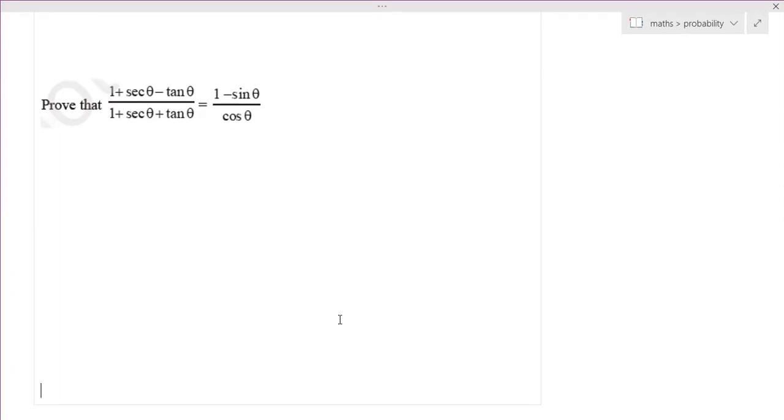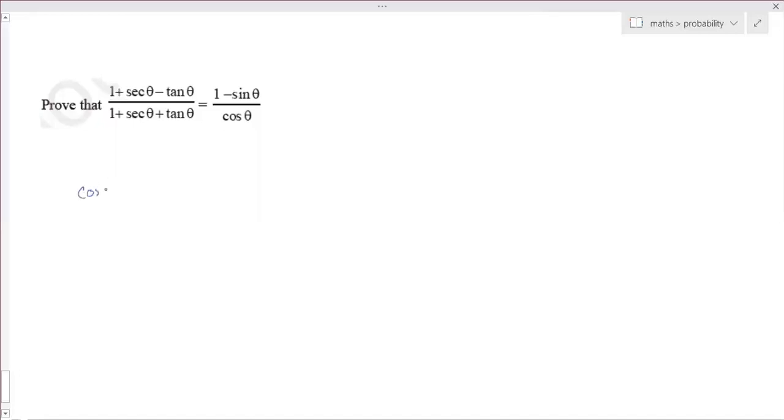What will happen by that? Then in the numerator, denominator will be the same, right? We can simplify the numerator and denominator and then divide both of them.